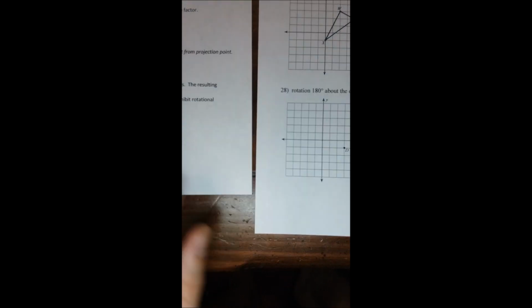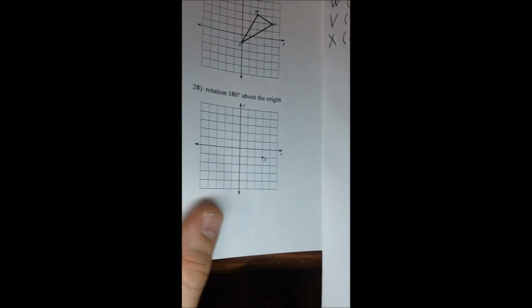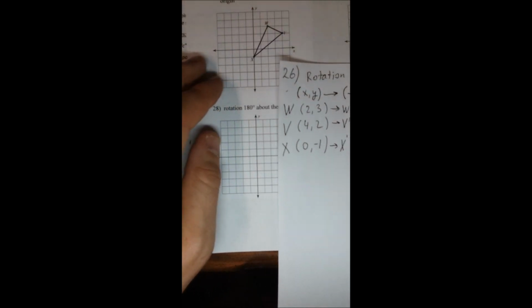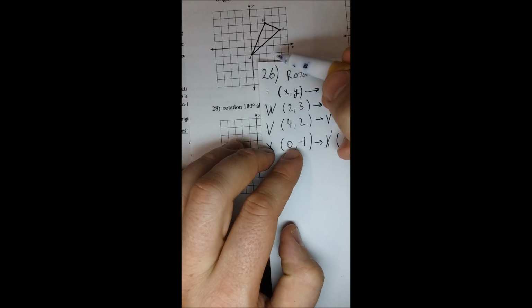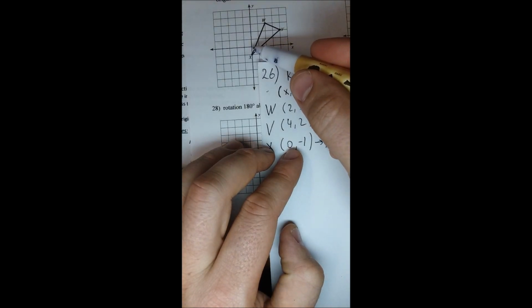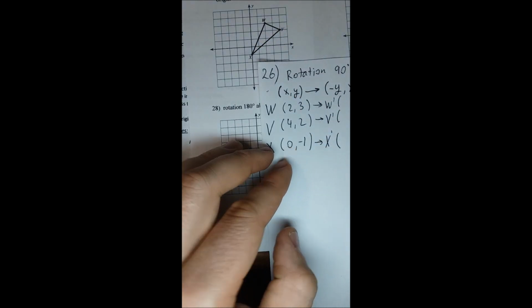I already took the liberty of writing it out here on my little cheat sheet, and I even copied the coordinates. The interesting one is the x one, because it says 0 comma negative 1, because you went straight down. No movement on the x-axis, so 0 comma 1 unit down, so it's negative 1.